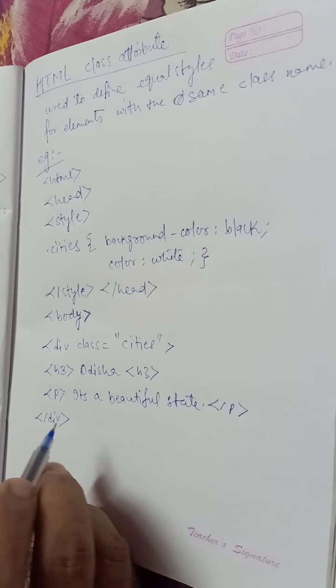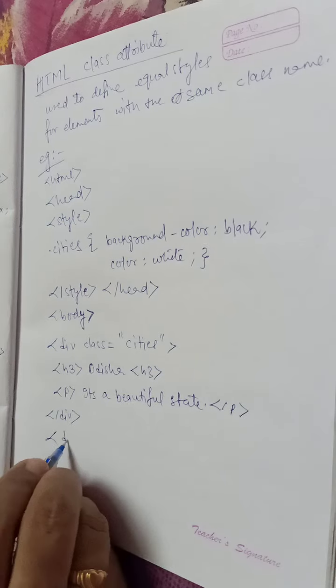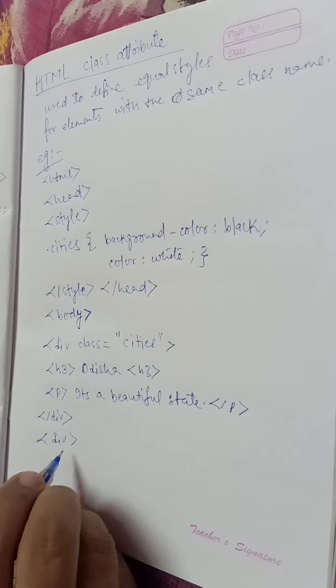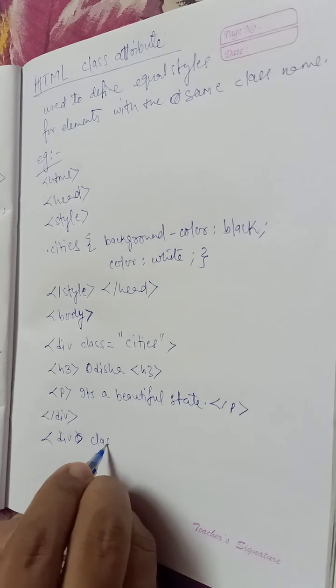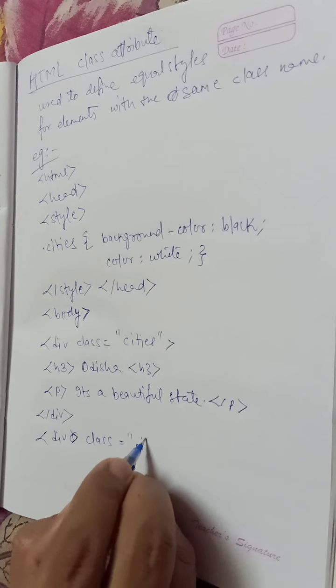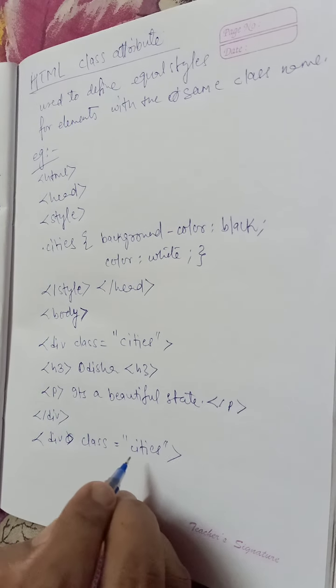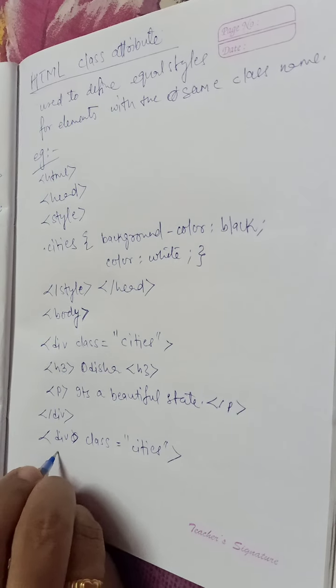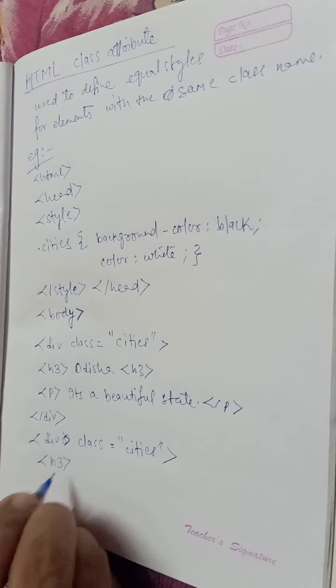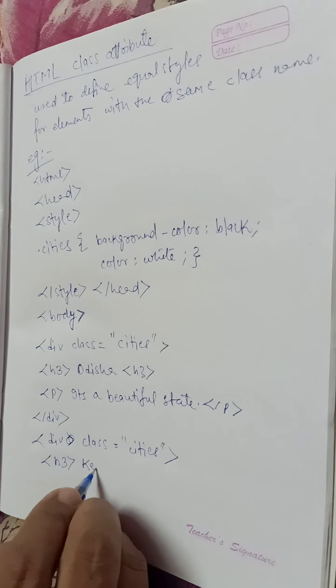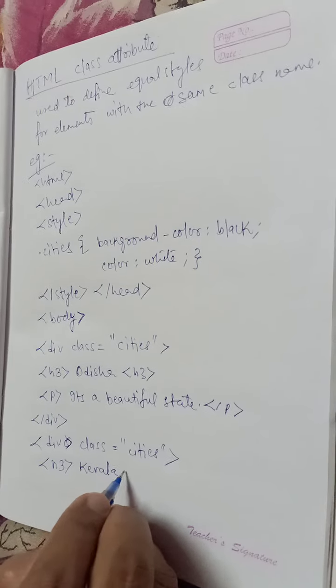Now suppose I am using another div and I am mentioning the class equal to cities, then I am writing again h3, Kerala.